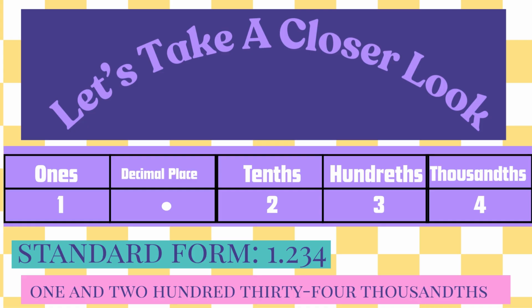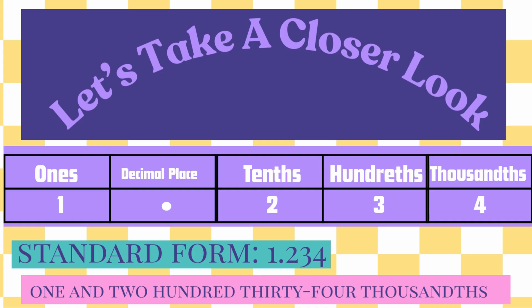So the standard form of this portion of the number would be 1.234. And we would say this as 1 and 234 thousandths. Let's look at the standard form again and really understand the pattern.